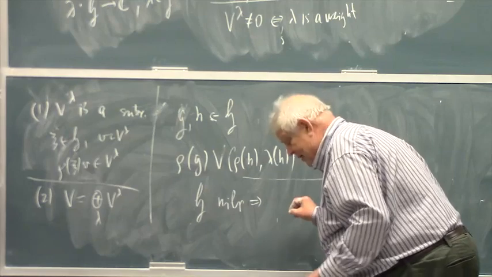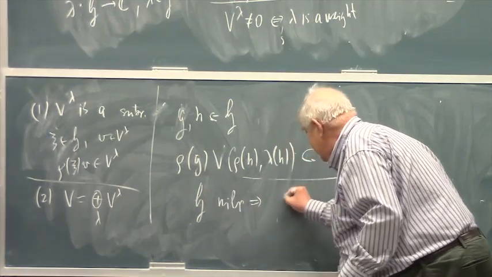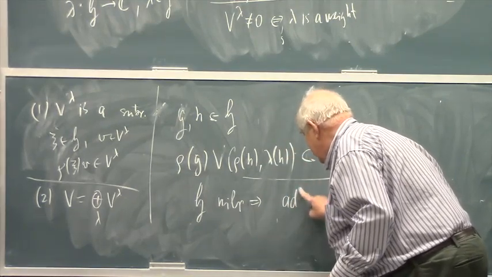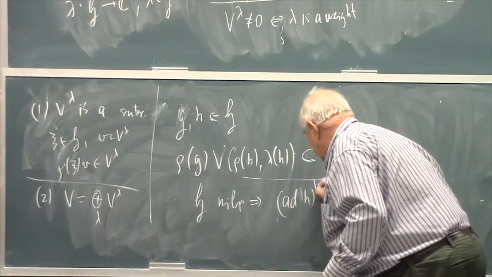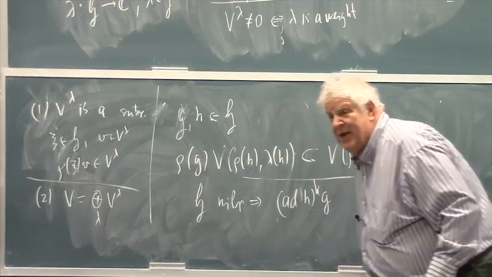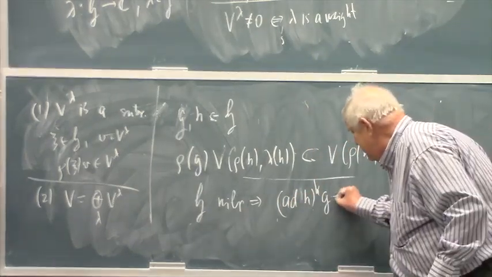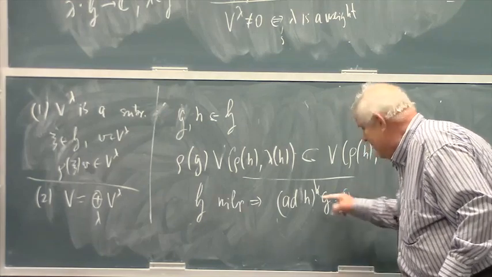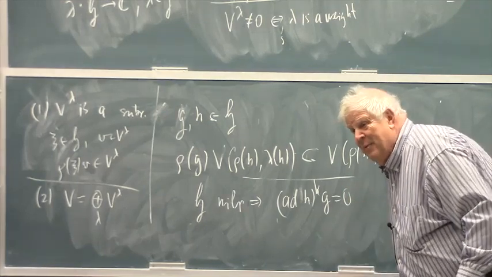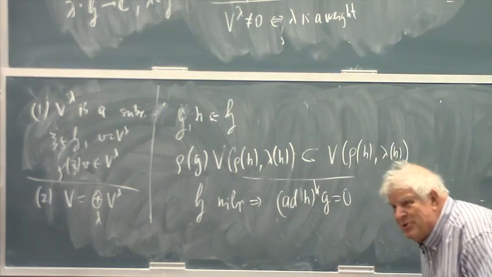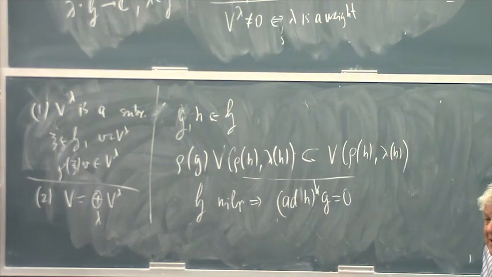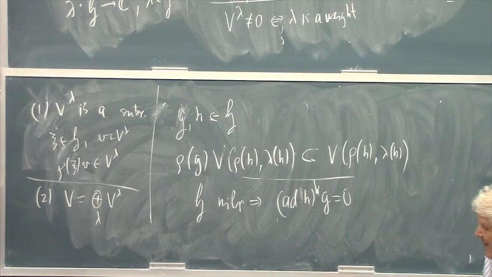this means that if we take G and apply ad H sufficiently many times, it will be 0. K is some number. And believe it or not, I will use the induction with respect to K. Say if K is 0, then G is 0. Then I don't see any difficulty in this.